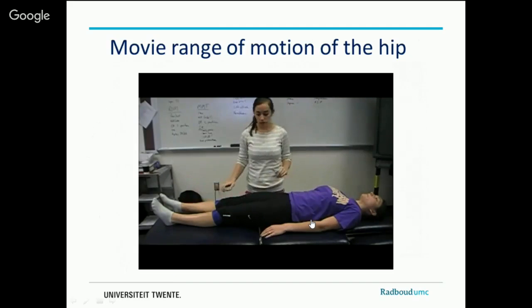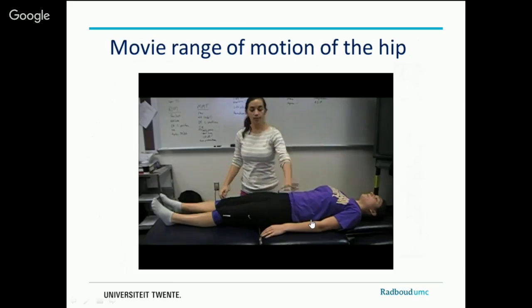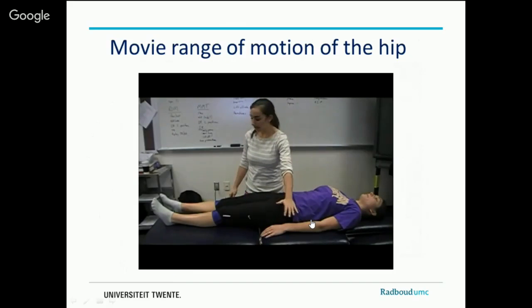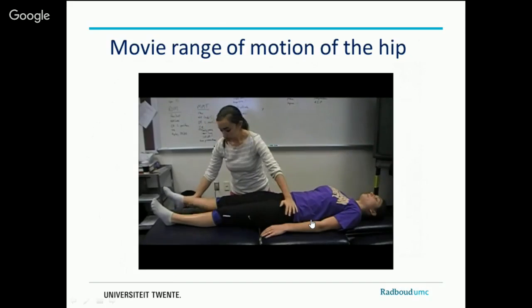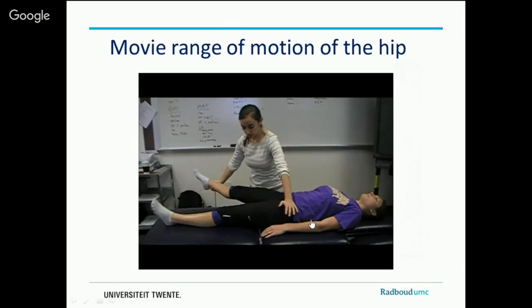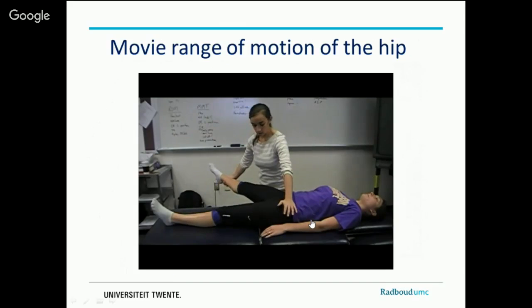Then while the patient is supine, you can stabilize on the contralateral ASIS and bring the patient into abduction. When that contralateral ASIS feels like it's moving, that's the end of the range.